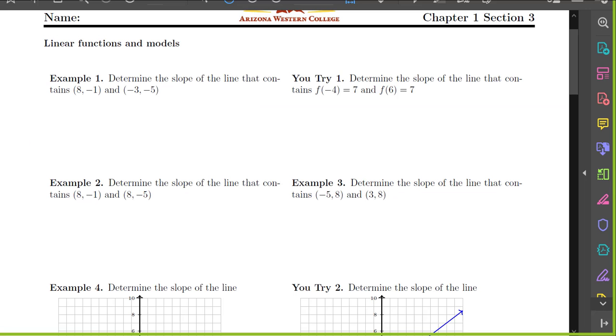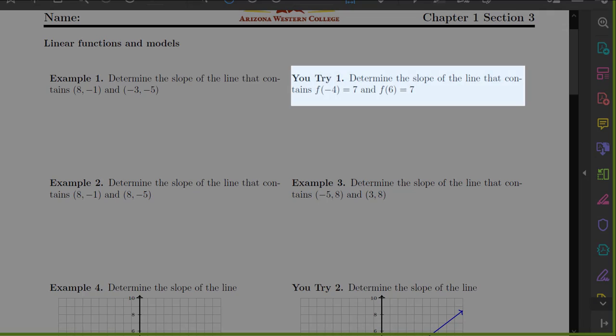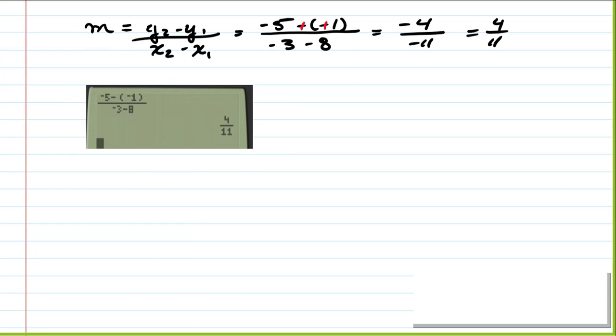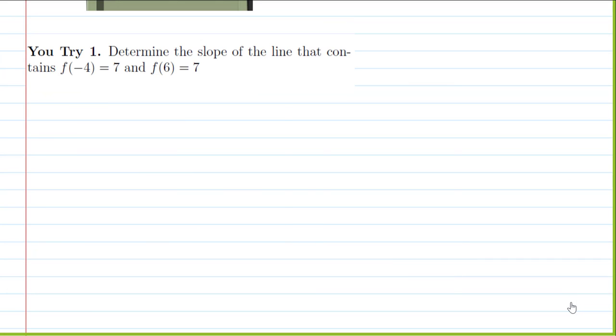All right, it's now your turn. So take a second. We got a quick try. All right, so remember in function notation that the part inside the parentheses is our input, usually our x, and the part out here is our output, which is usually our y.